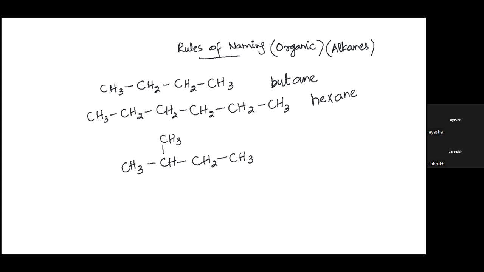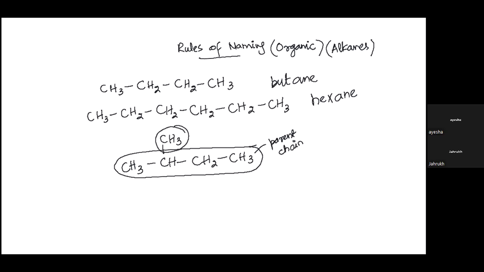You might know that on the previous page, I was telling you that this one is the parent chain, and this one is the branch, right? Okay, I accidentally wrote brain, not branch. This is actually branch. So this is the branch.